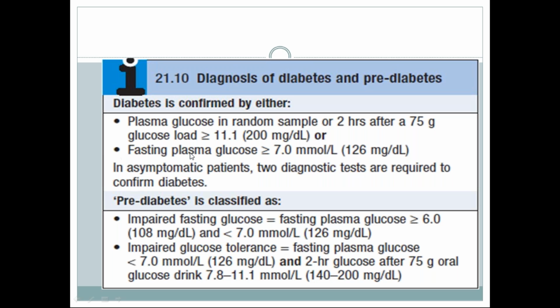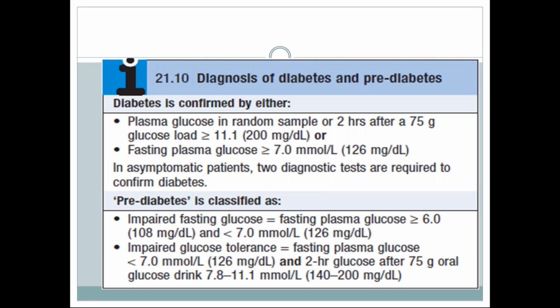So if fasting plasma glucose is around 126, then it is known as impaired glucose. So what is pre-diabetes and diabetes? What is the normal value of fasting blood sugar?